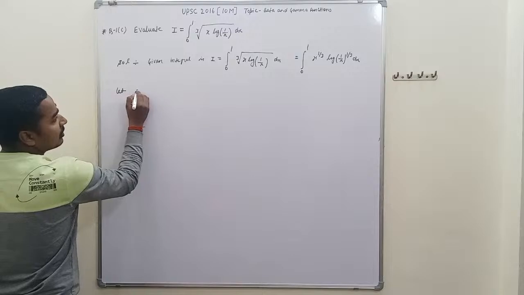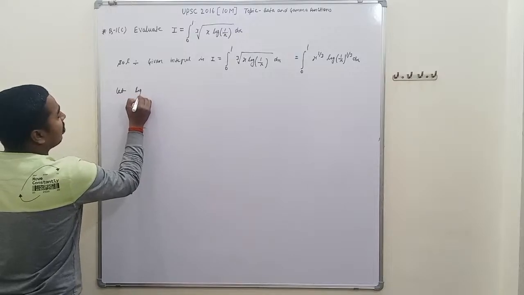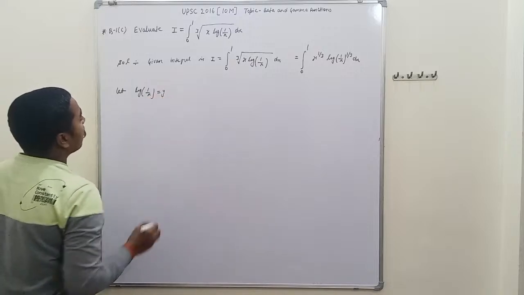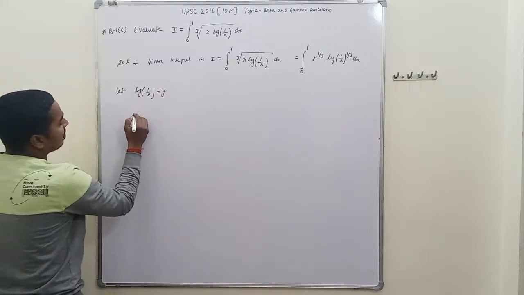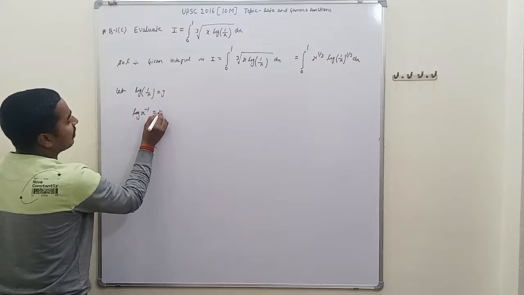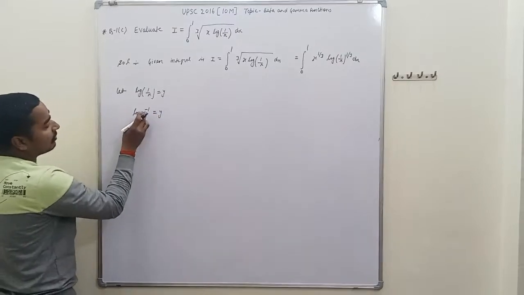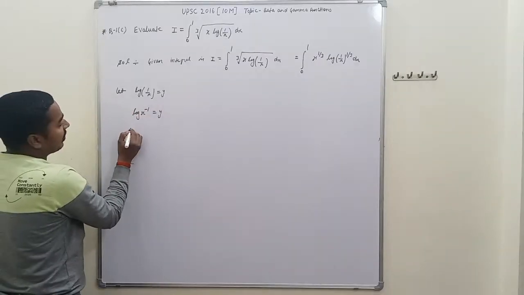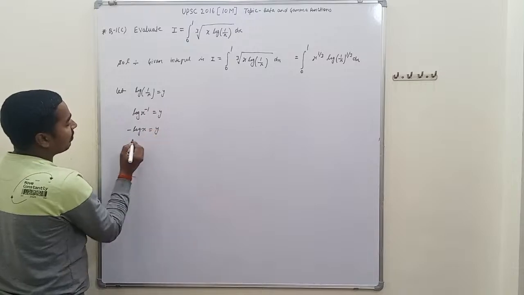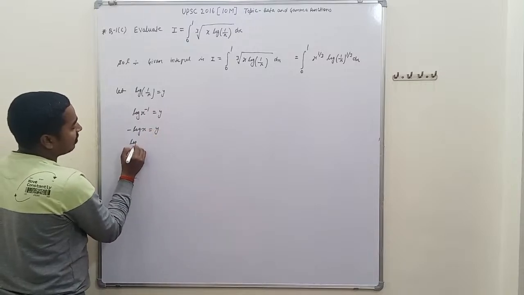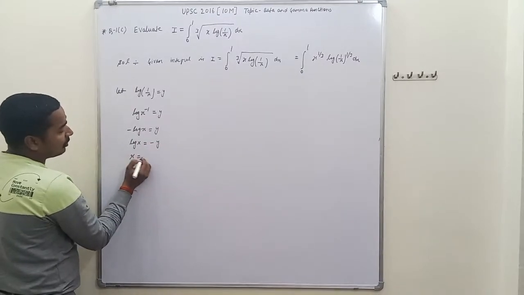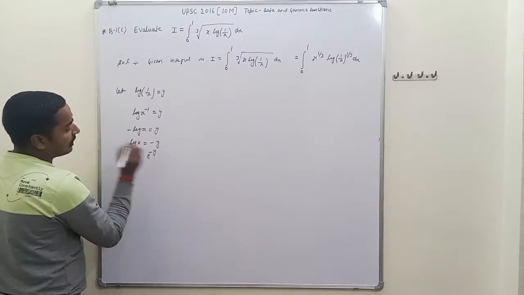Let log of 1 by x equal y. From here we can write log of x to the power minus 1 equals y, and using the property of log, minus log x equals y. So log x equals minus y, and x equals e to the power of minus y.